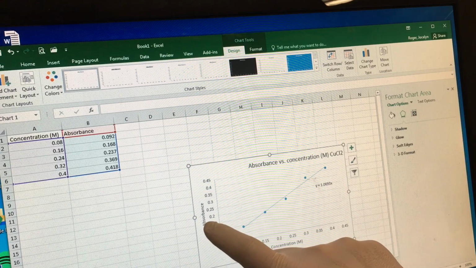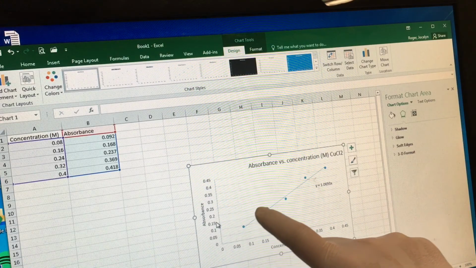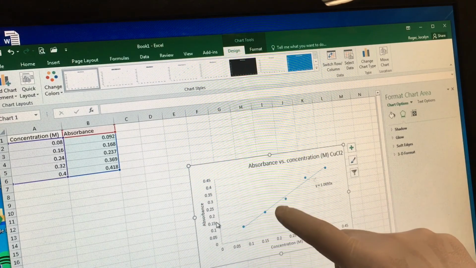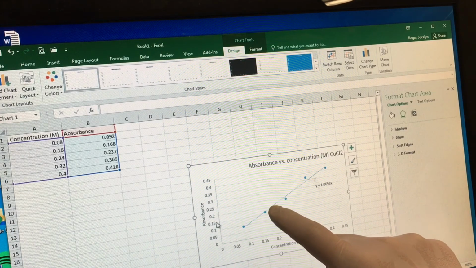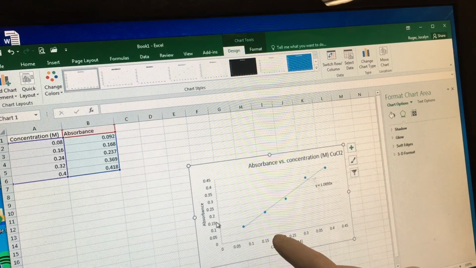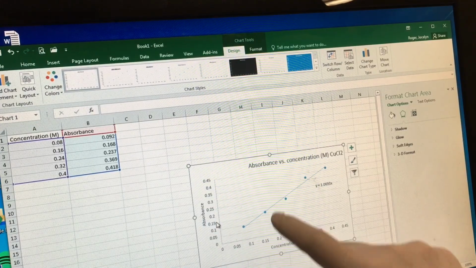So we're going to go at 0.2 on the graph, and if we draw a straight line to meet the curve, and then just go straight down from there, then that will give us the concentration of the unknown, which had an absorbance of 0.2.